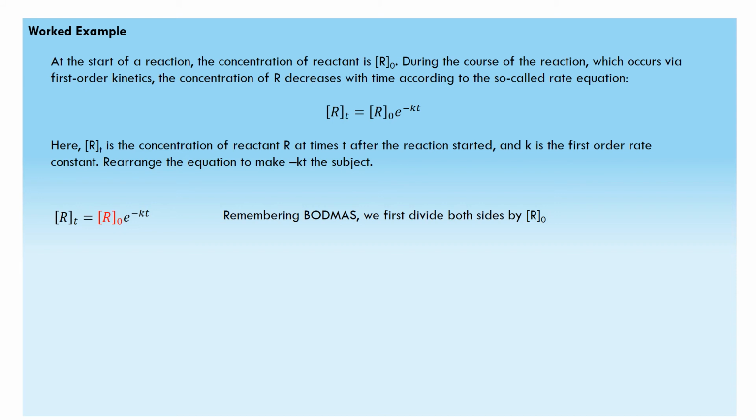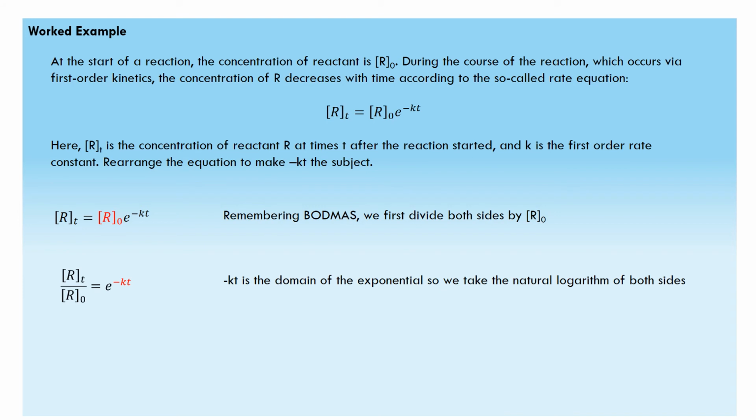We want to move that R0 over to the other side of the equals sign, the left-hand side of the equation. So we first divide both sides by R0, and we are left with Rt divided by R0 is equal to the exponential of minus kt. Now, minus kt here is the domain of the exponential, so we can take the natural logarithm of both sides.